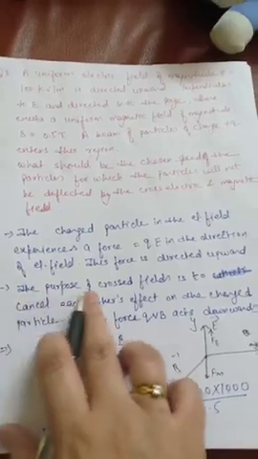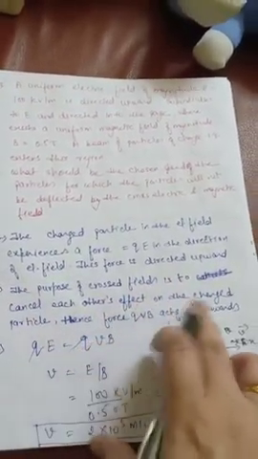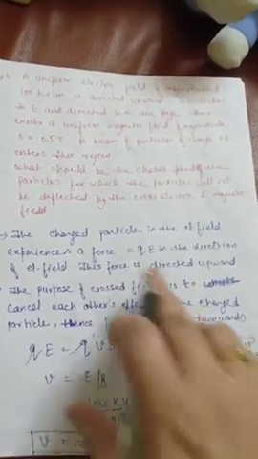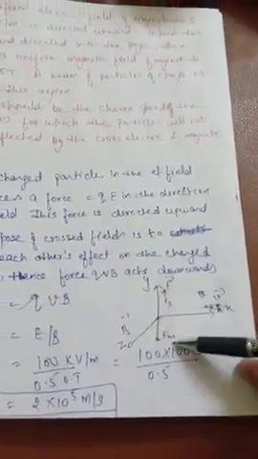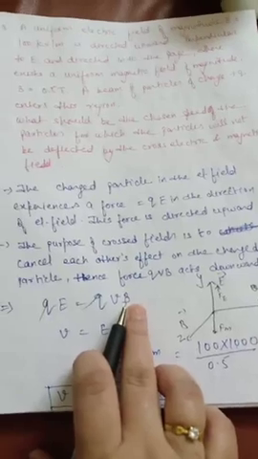right? So the statement over here, the purpose of cross field is to cancel each other's effect on the charged particle, so that the particle will not be deflected by the cross field. Therefore, these two forces are equal in magnitude but opposite in direction. Therefore, we have qE is equal to qvB.